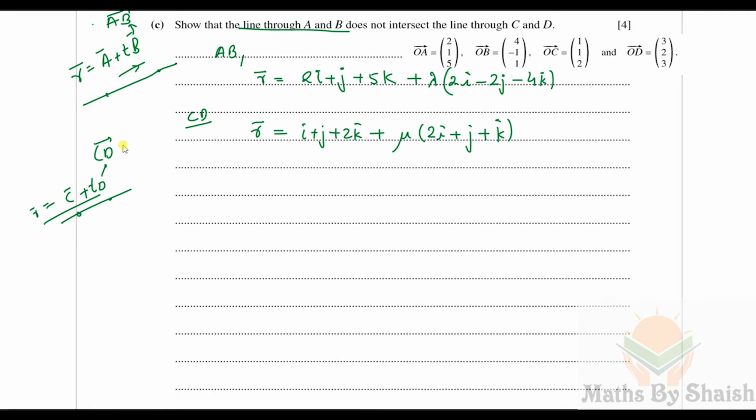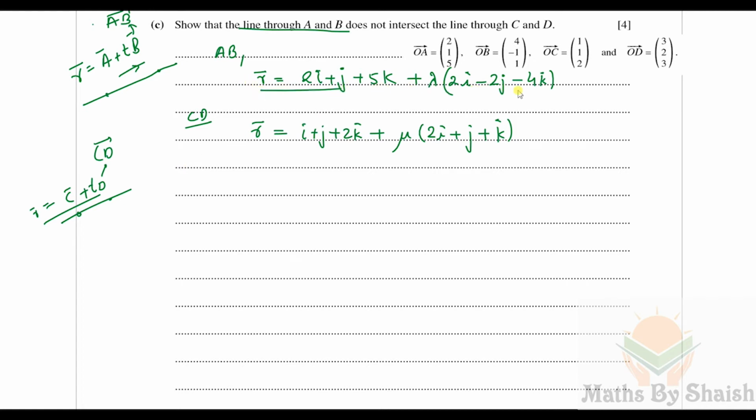Now if these two lines intersect, it means for a fixed value of lambda and a fixed value of mu, it would be true for all three components i, j and k. So we'll equate them first of all, writing it with the i, j, k components.